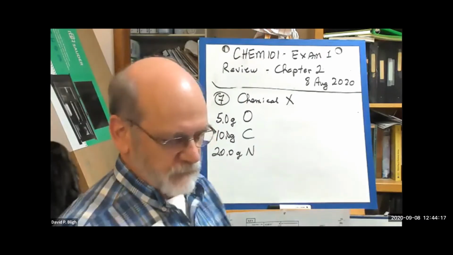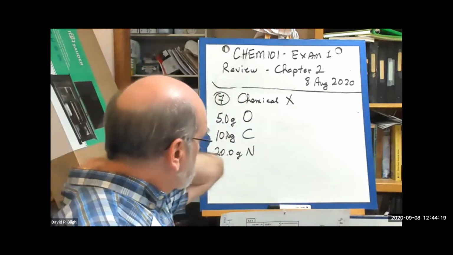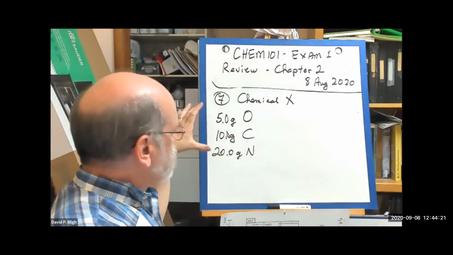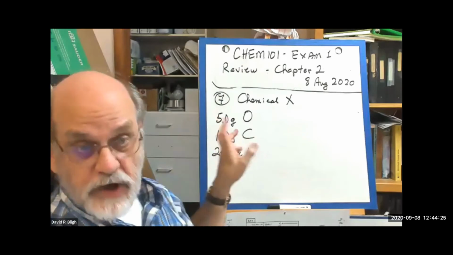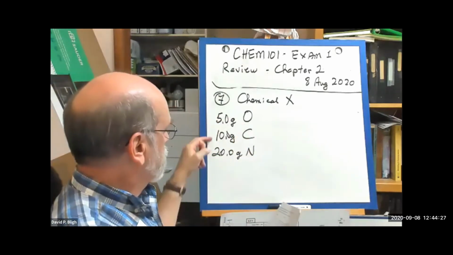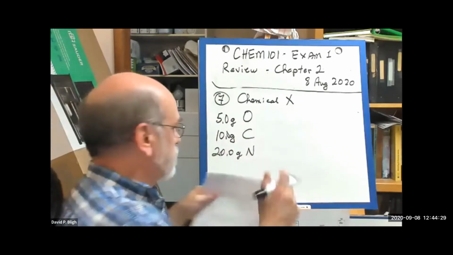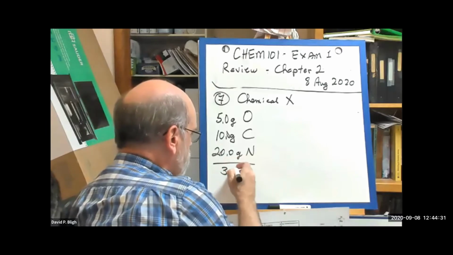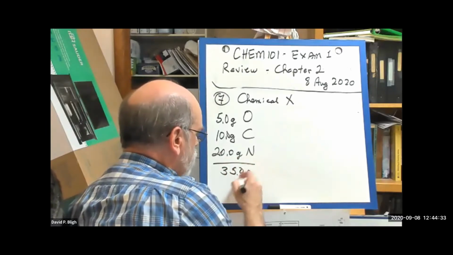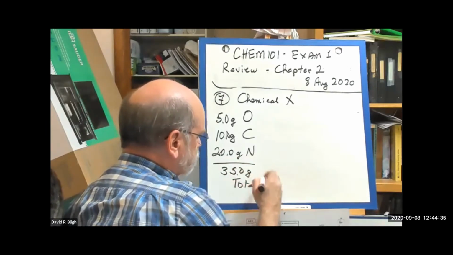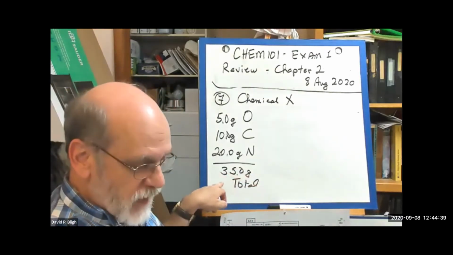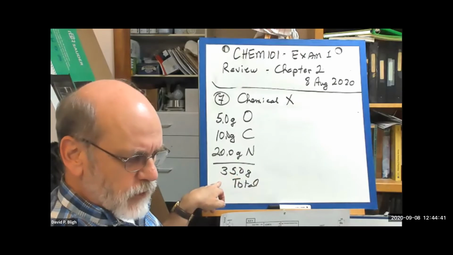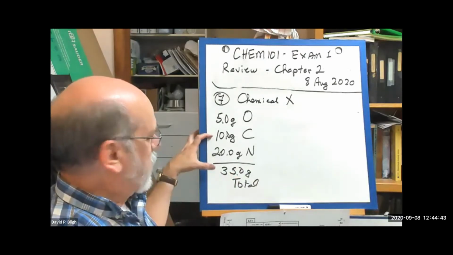Okay, so what are the proportions here? Well, what's the total mass? 20 and 10 is 30 and 5 is 35. So that's 35 grams total. So for every 35 grams of the compound, and we're looking for carbon, you have 10 grams.